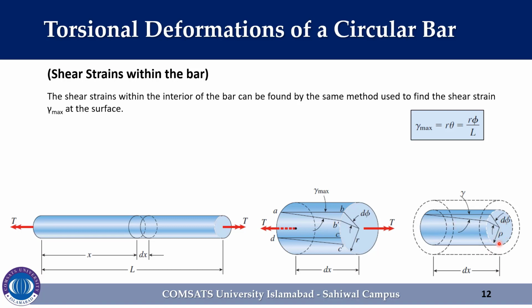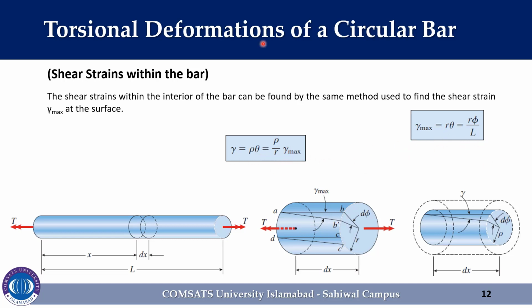This interior element is also in pure shear, with the corresponding shear strain given by gamma equals rho theta, and this equation can be represented as rho over r times gamma maximum. The radius r is replaced with the radius of the interior cylinder rho.